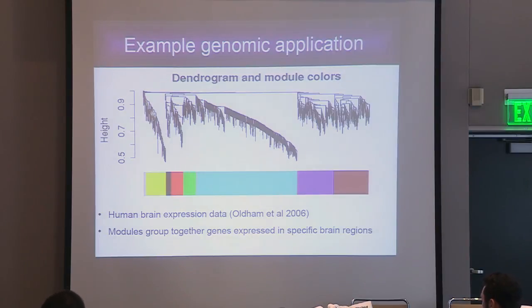This is a dendrogram of about 3,000 or 4,000 genes, I think. I don't recall the number exactly. You can see very distinct branches. The branches are assigned different colors, so they form different modules. And when you analyze the data, you find that these modules group together genes that are expressed in specific brain regions. So each module has an interpretation of representing a particular brain region.